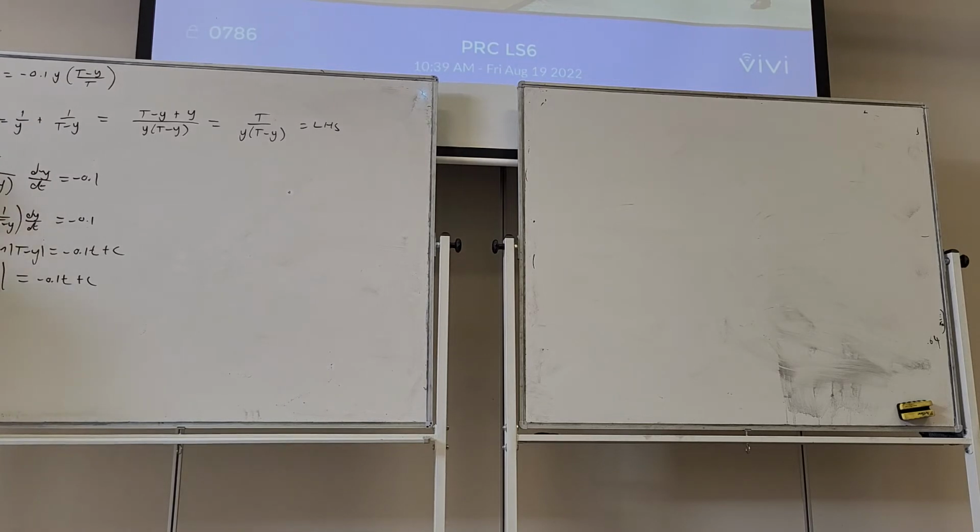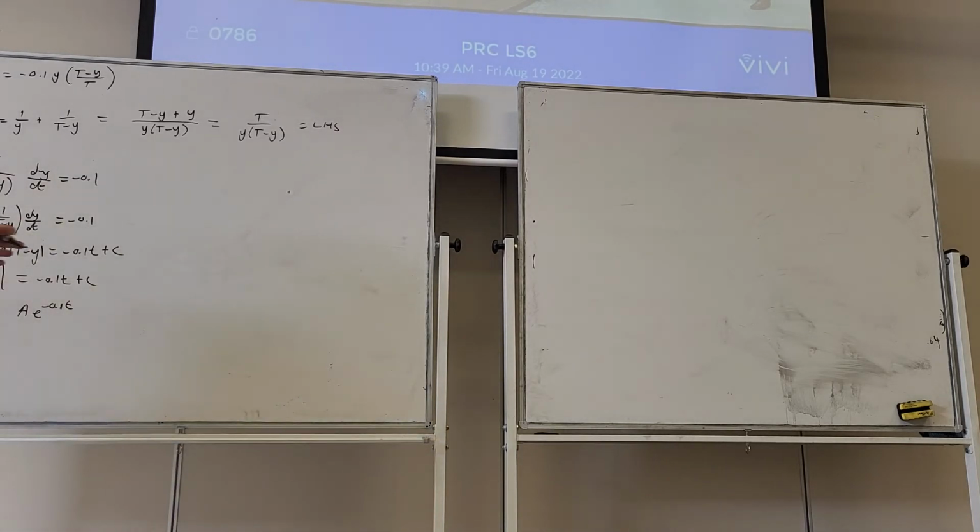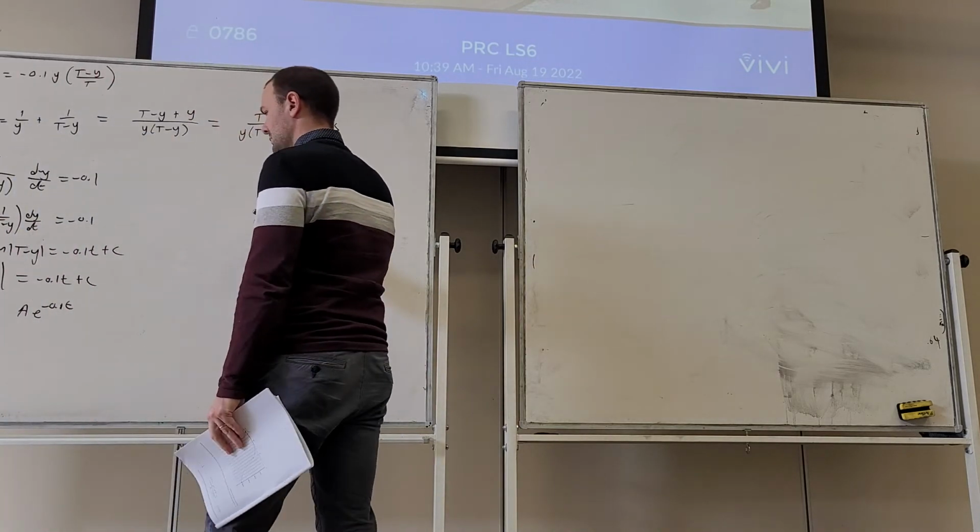Put e to the power of both sides. So we'll have, and I'm going to perform the A substitution straight away here, A e to the minus 0.1t. We're going to flip both sides, putting both sides to the power of minus 1.